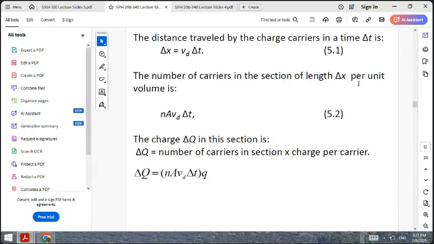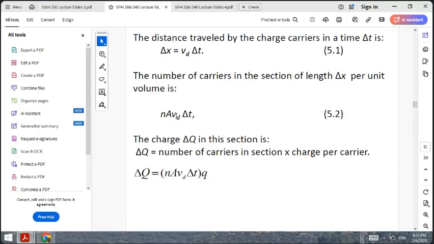And of course, in a given volume, we know the concentration of the material. The concentration we say is either small p or small n, if I'm looking at electrons.